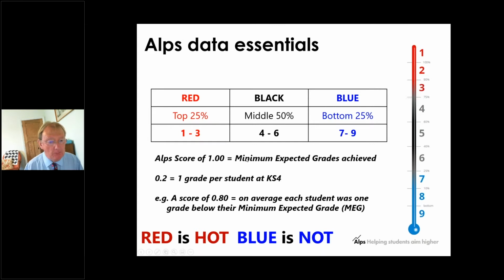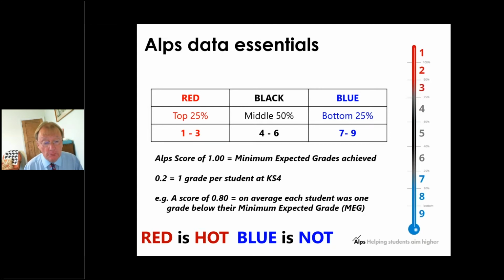A couple of numbers, because you don't need a mathematical degree to get ALPS. A score of 1.00 in ALPS anywhere means the minimum expected grades have on average been achieved. And 0.2 in either direction represents a whole grade per student at Key Stage 4.